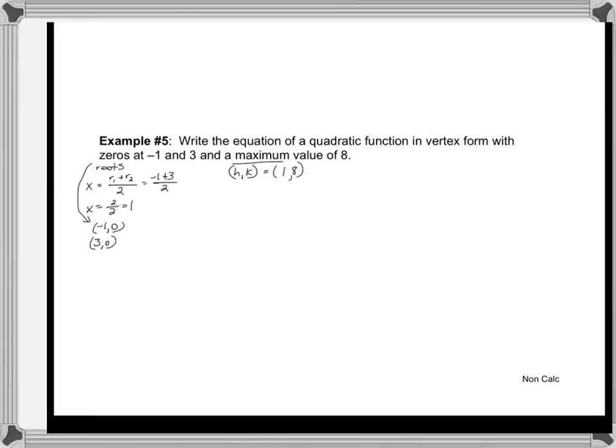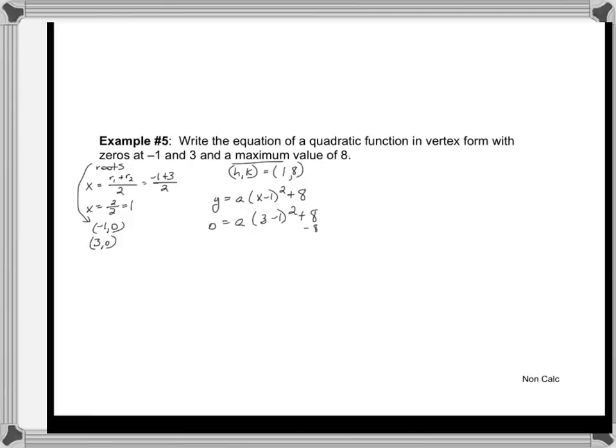So let's go here. Now we've got plenty of information to do our problem. y is equal to a times (x minus 1) squared plus 8, because it's positive 8, we're going to add it. Now I'm going to use the 3 for my x. So I have 0 equals a times (3 minus 1) squared plus 8.